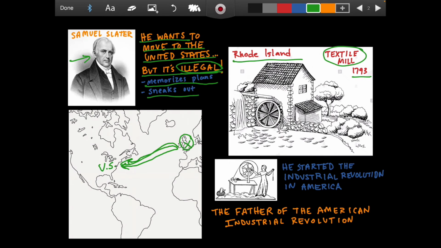Now, he picked Rhode Island for a reason. Textile mills need water power to work. That's what makes them special. For years and years, people were already taking cotton and spinning it into thread, into woven fabric. As you can see down here in this picture, this is an example of a lady spinning cotton into thread.